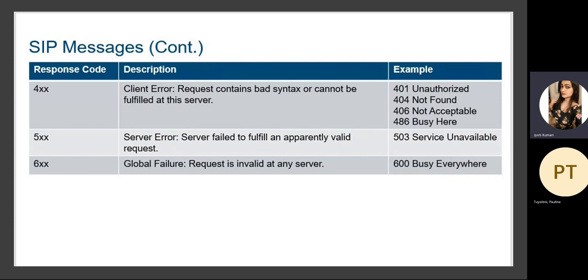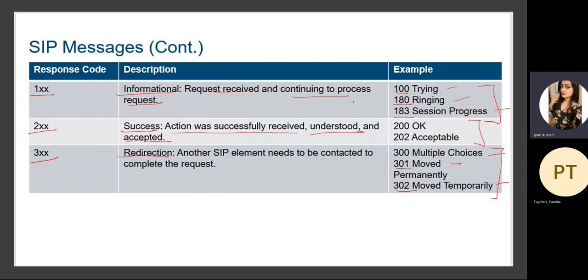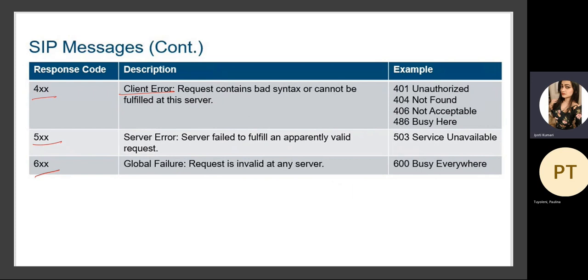Similarly, we have codes like the 400 series, 500, and 600 series. 400 series response codes are for client error. The request contains bad syntax or cannot be fulfilled at the server. Now, let's say I have initiated a call, I am trying the call, everything happened, I've got an OK message, a success message, but the call is not connecting due to a problem at the server end.